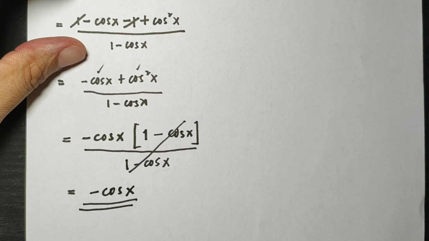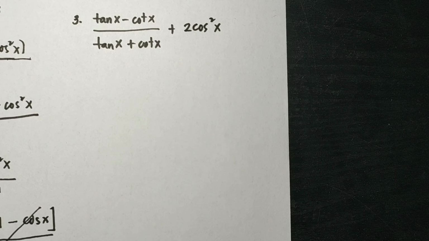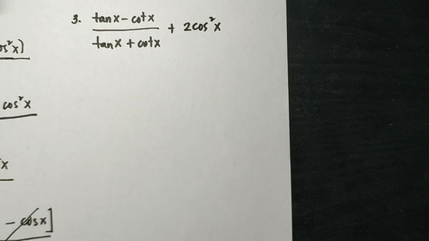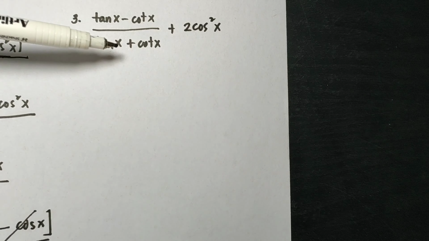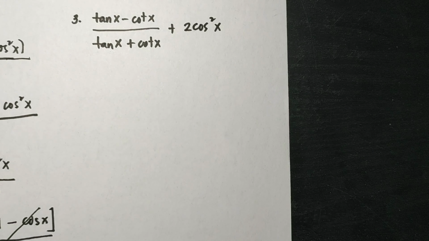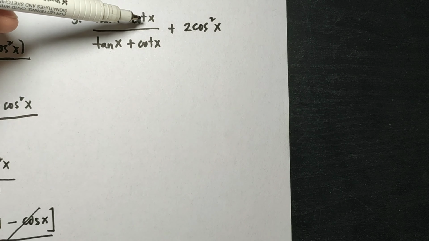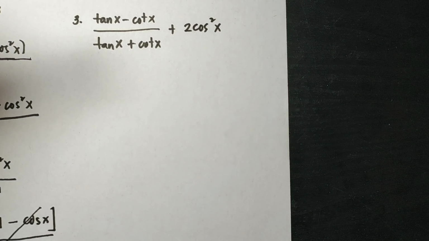Okay, so let's have the next example. Okay, another example, number 3, we have tangent x minus cotangent x all over tangent x plus cotangent x plus 2 cosine square x. So the first step is to write this tangent x and cotangent x in terms of the sine and cosine function.